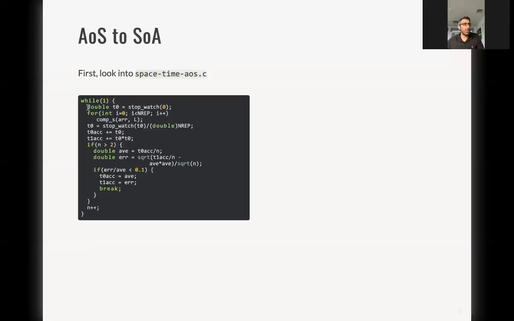The timing itself is done here. There's this function, defined a bit higher up in the code, which is called stopwatch. So you take the timing here and the timing there, divided by the number of repetitions, and now T0 has the time between these two lines in the code, divided by the number of repetitions.